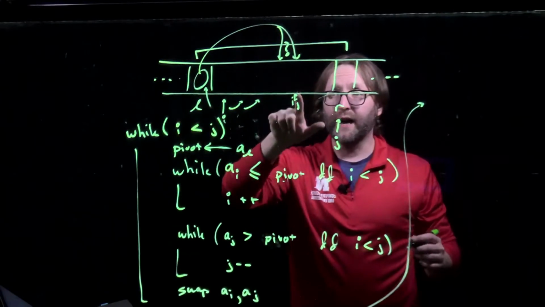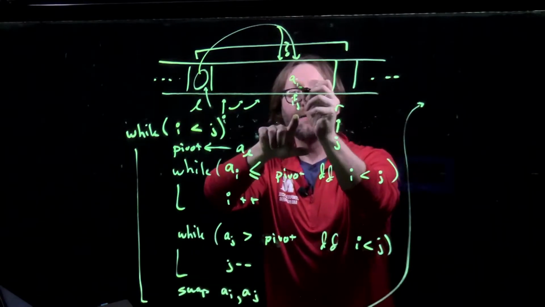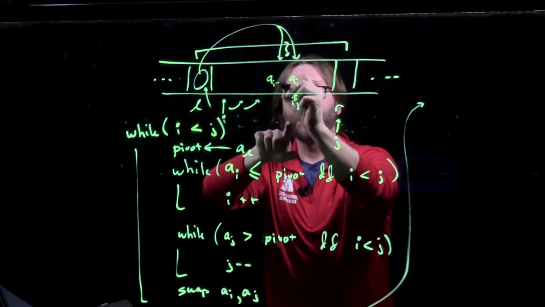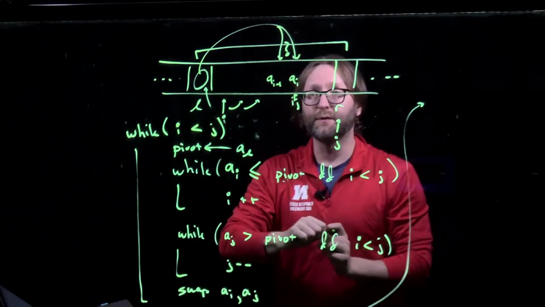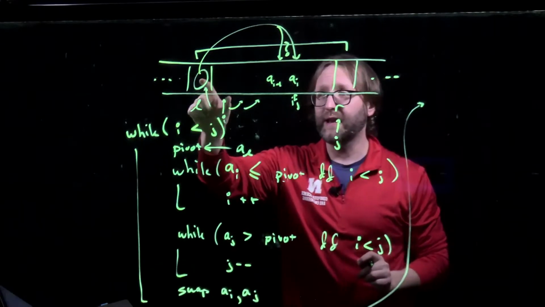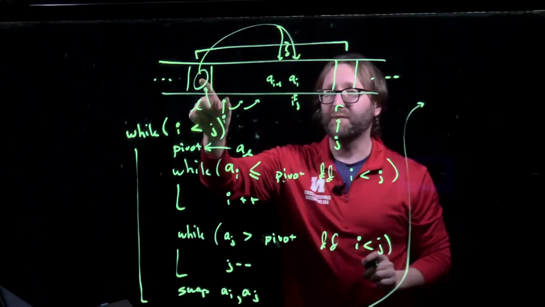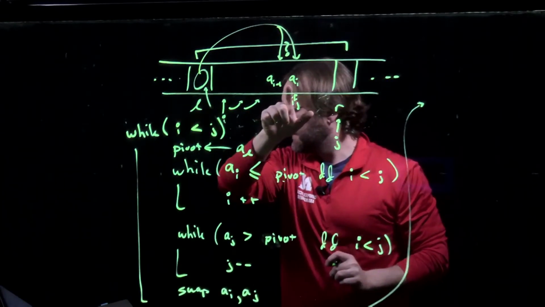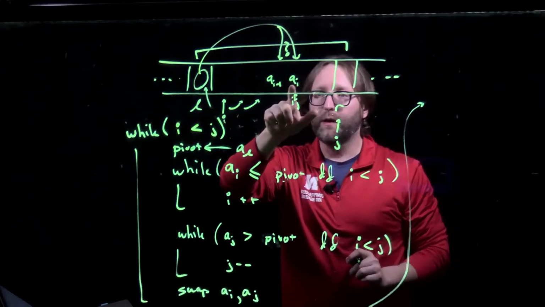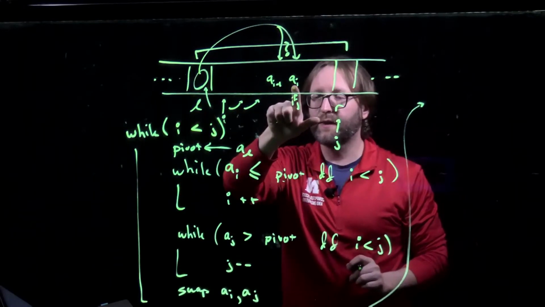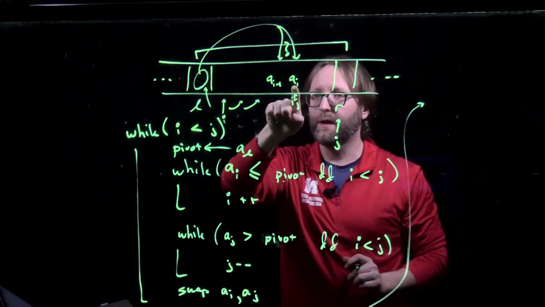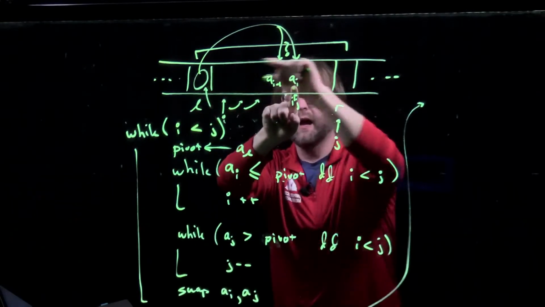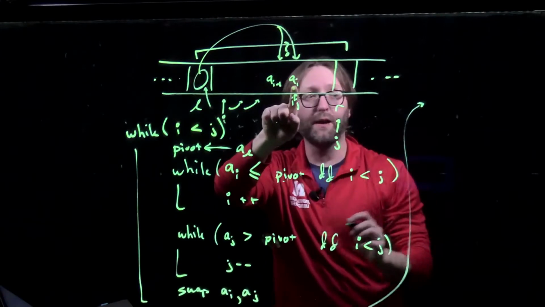So the condition I check is, this is a sub I, which is equal to a sub j, because I and j are the same thing. This is a sub I minus 1, right? The one right previous to it. So what we need to do is take this pivot element and say that, well, if this element is less than the pivot element, then it's okay to go ahead and take it and put it over here, because it would be on the correct side, and so that we can put the pivot element right here.